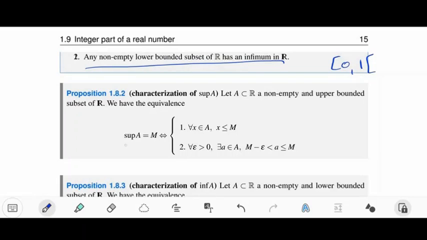In fact, to prove that M is a supremum of A, A being, of course, a non-empty upper bounded subset of R, then it has a supremum in R. So we have the equivalence between supremum of A is equal to M, and for all x in A, x is less or equal to M, which means that M is an upper bound of A in this first point, and so it remains to prove that M is the least upper bound.